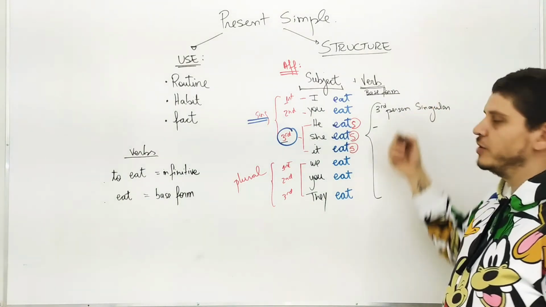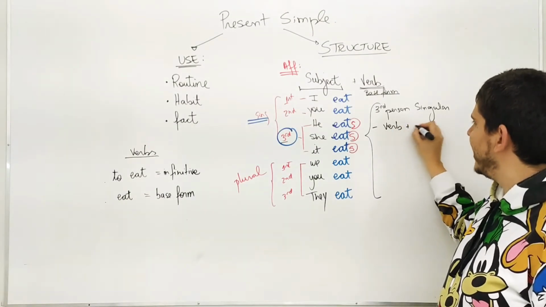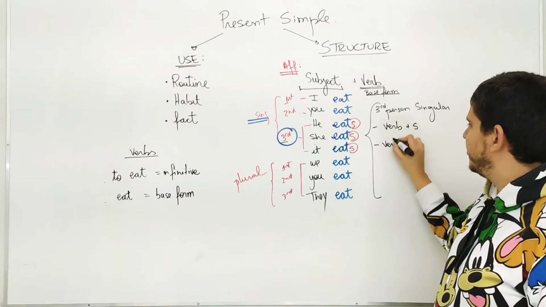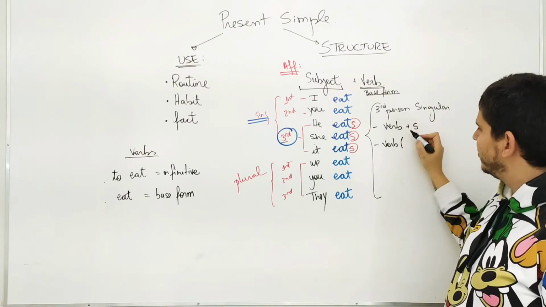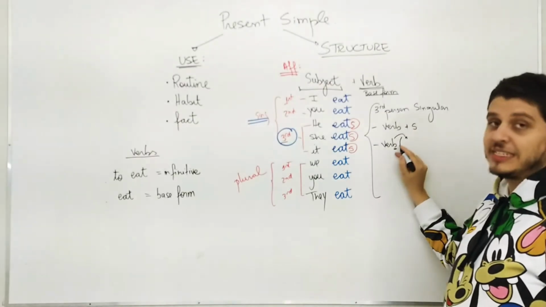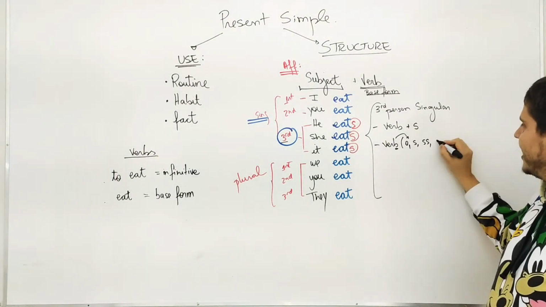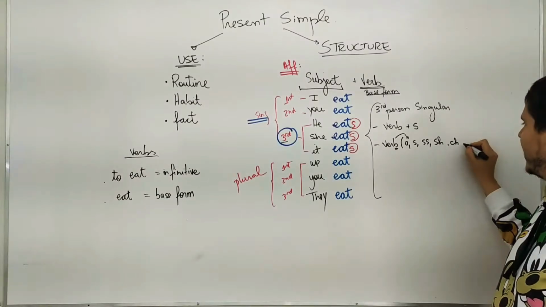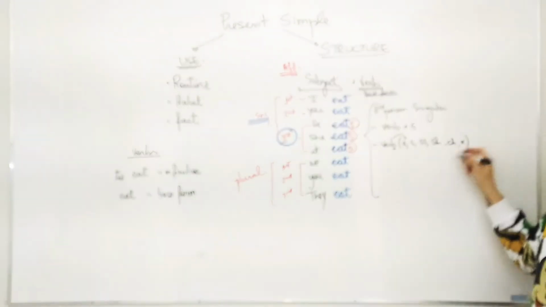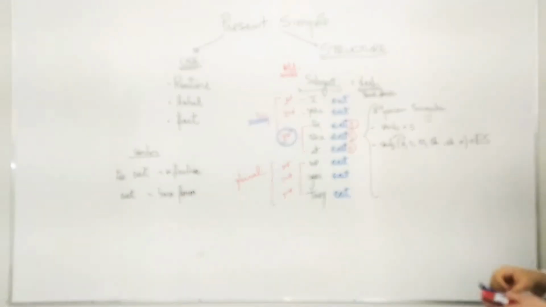The general rule says, for he, she, it, we get the verb and we add s to it. But if this verb finishes in, and by finishing I mean the last letter, if this last letter of the verb is O, S, SS, SH, CH, or X, in these circumstances we have to add ES.